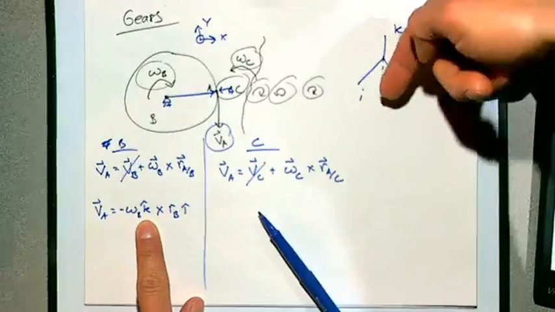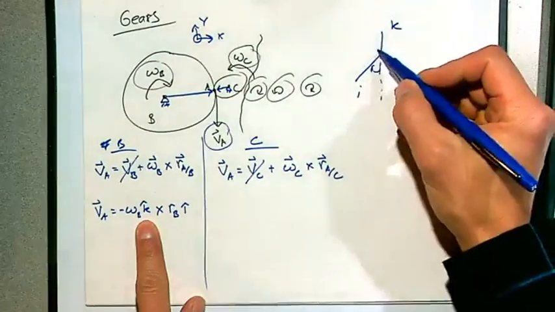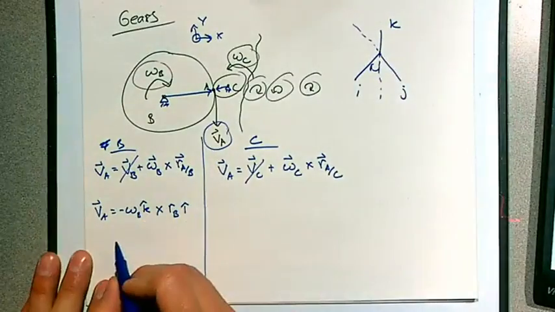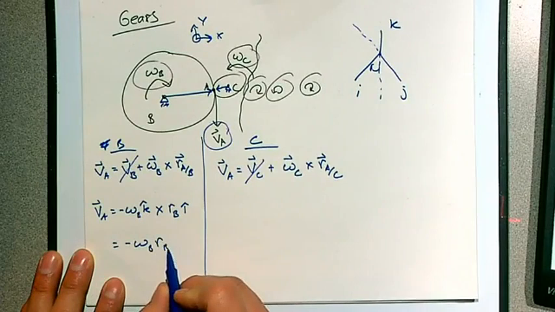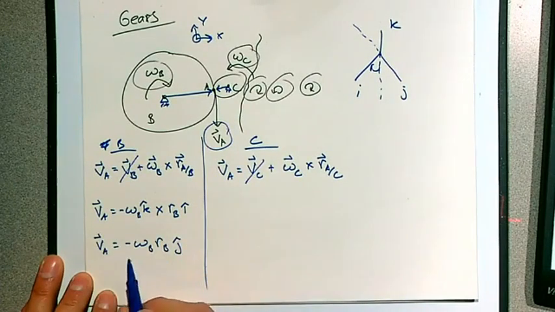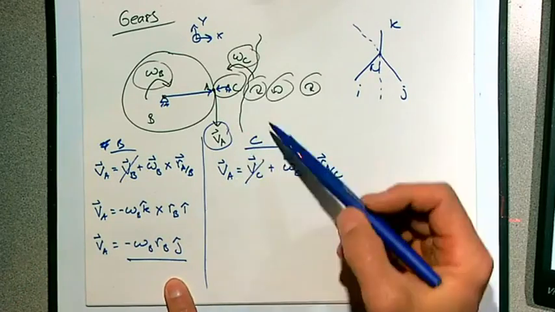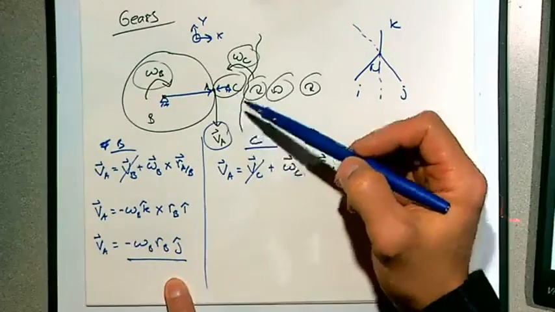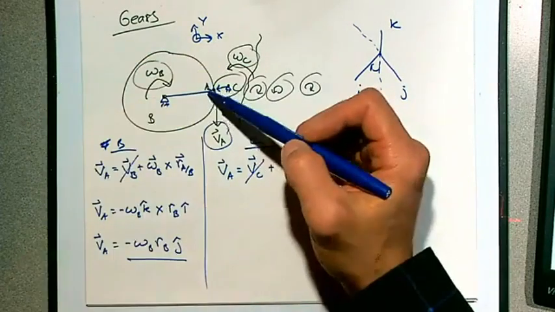So I point down in the minus k, I cross towards minus i, and I get something in the minus j direction. Minus omega b r sub b in the j. That fits the picture I have, right? This is going down in the j direction. Hopefully our intuition could tell us that if this gear was spinning this way, at this point we're going down.